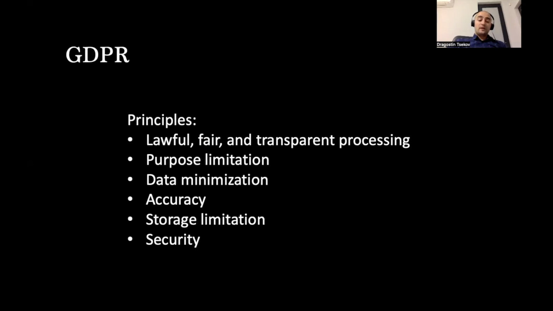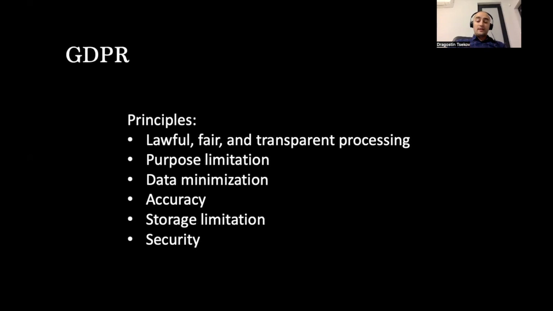Okay, and the last one is security. And as you know already, security and privacy are very tightly related to each other. They're not mutually exclusive in any way. On the contrary, one of them is complementing the other and the other way around.